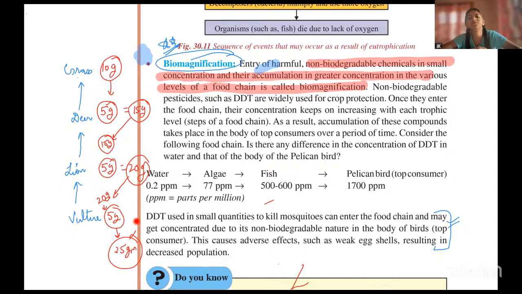Because the chemicals entered the food chain and got concentrated into the bodies of birds, because birds are the top consumers, and it caused the eggshells to grow weaker. Adverse effects for that.